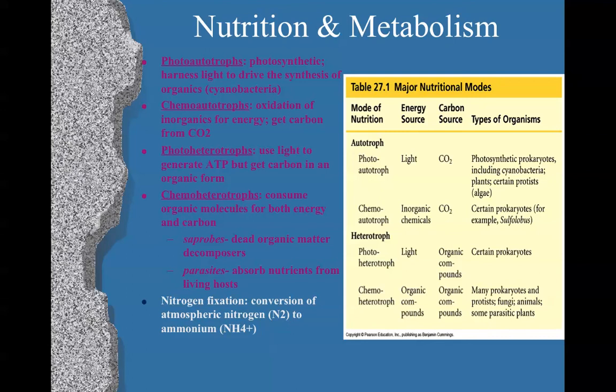Bacteria can also do something really cool. One of the things that they are able to do is take nitrogen from the air in its N2 form and convert it to ammonia. You're going to see when we look at plants that this is super important because our bodies need amino acids to be able to build proteins.